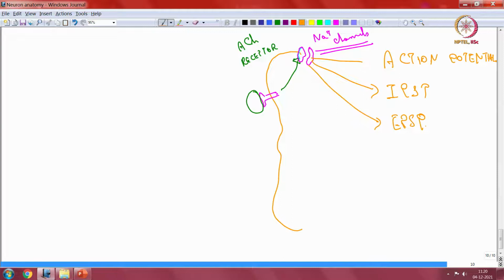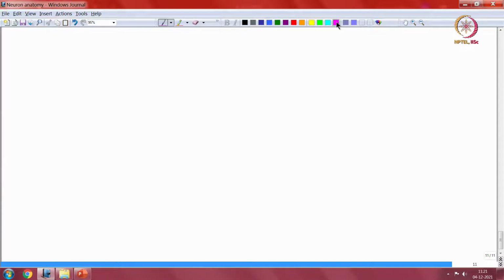Why? A lot depends upon where this synapse is happening, because as I discussed earlier, axon to dendrite, it should be an EPSP or an IPSP.